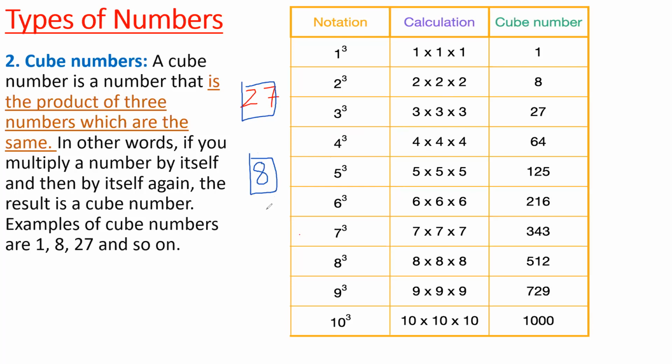Okay, is 8 even? Yes, sir. Good. So 8 is an even number, 8 is a cube number, and 8 is a composite number. Very good. So it could be multiple things, right? Just keep that in your mind. A number doesn't just have to be one particular category. It could be a lot of things at once. That's such a good observation.